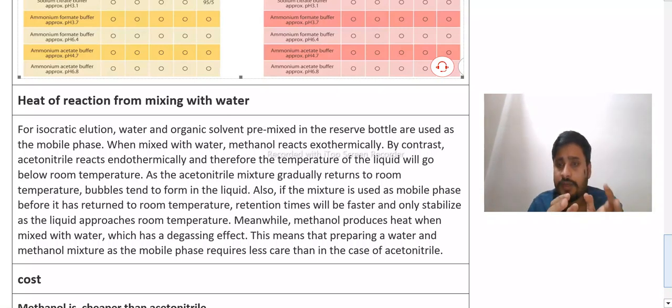So from here we concluded that water-methanol gives an exothermic reaction which can increase the temperature of the mobile phase, and ACN lowers the temperature of the mobile phase. Why? Because the water-methanol reaction is exothermic and the water-ACN reaction is endothermic.